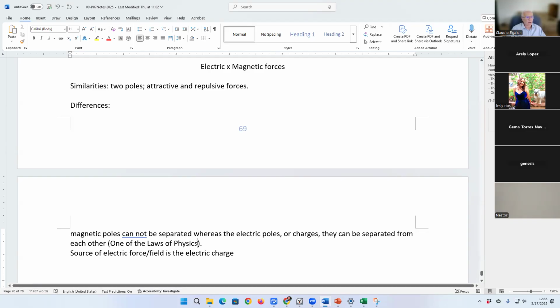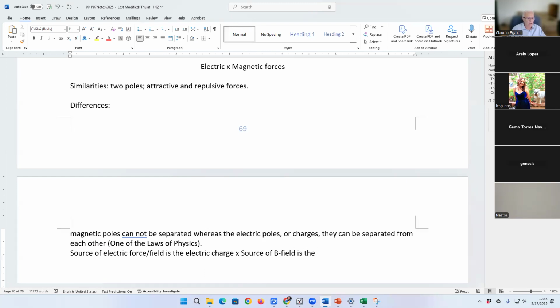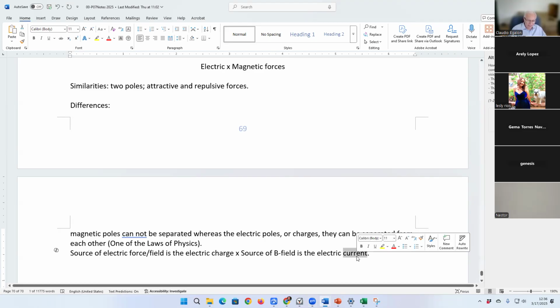Magnetic poles cannot be separated. Source of electric field is the electric charge, versus source of magnetic field is not the electric charge, it is the electric current. Okay? Do you get that?